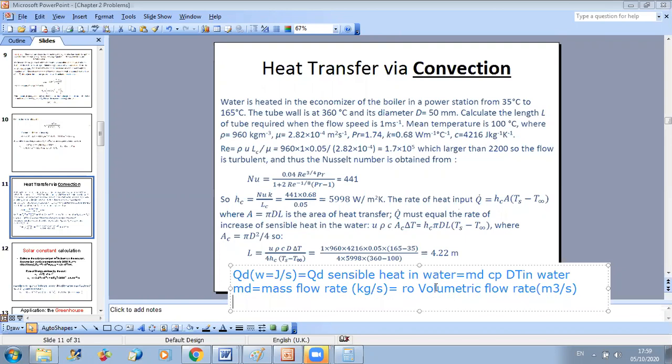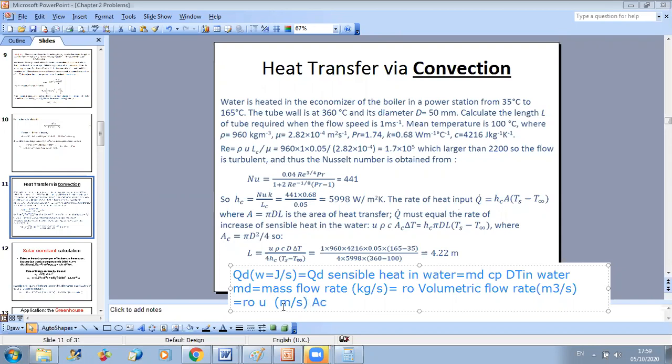So I can say it's equal to rho times u times cross-sectional area, AC, where u is the flow velocity in meter per second.